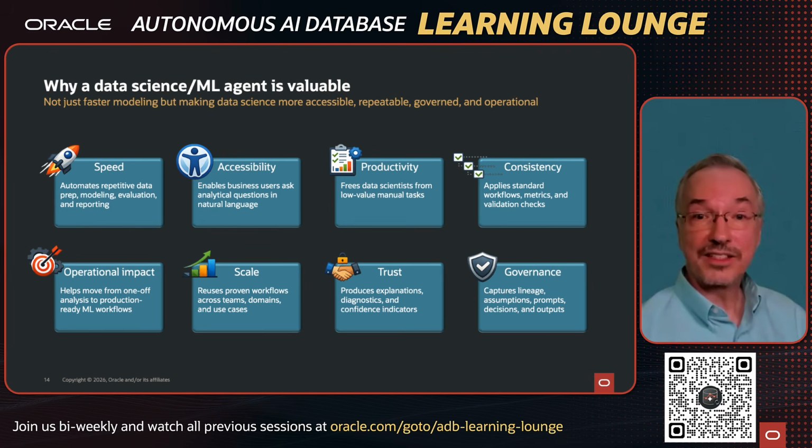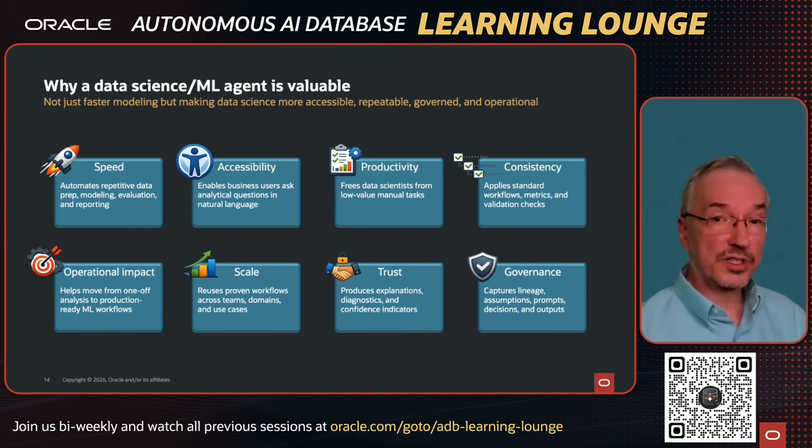Business users don't need to know the details of algorithms or code to ask good analytical questions. The agent can help bridge that gap so more people can participate in data-driven work. It improves consistency. Instead of every team using different metrics, validation methods, or documentation practices, the agent can guide users through a more repeatable workflow.